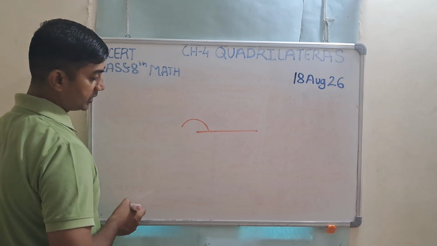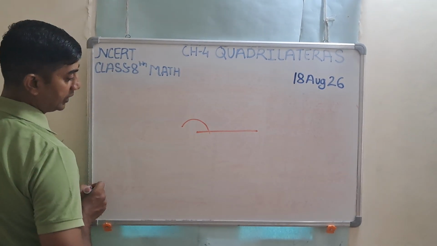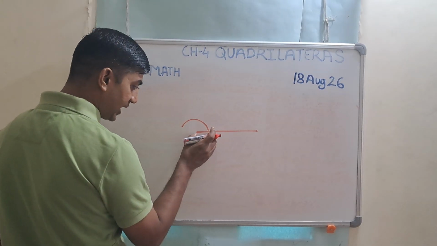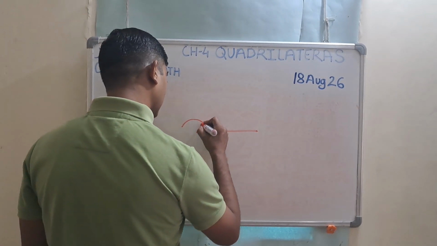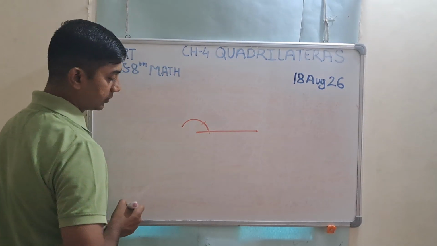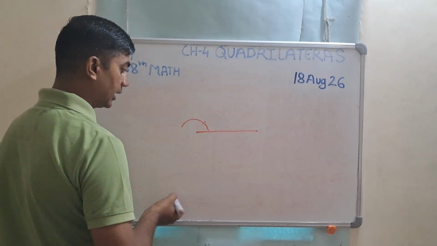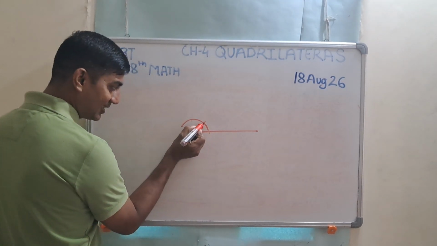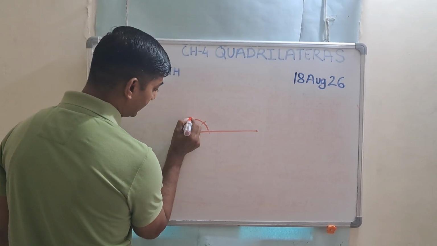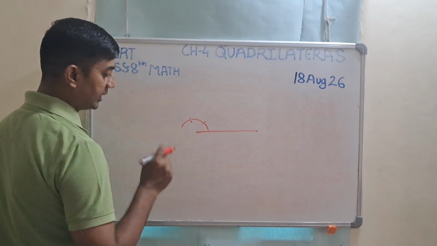Now again use this as your endpoint, and with the same radius, make an arc. This first arc is your 60 degrees. Make another arc with the same radius from this endpoint. Now this is your 120 degrees.